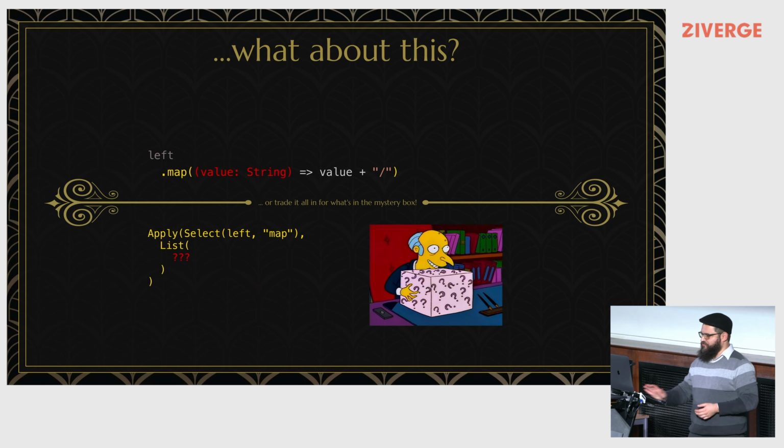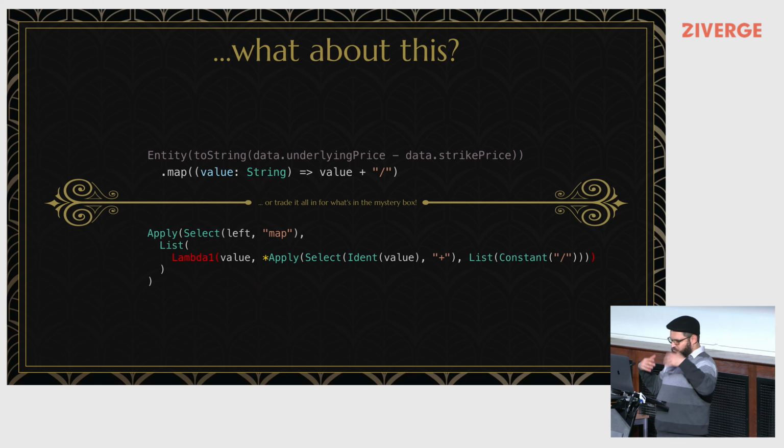Let's look at that whole thing. Well, we know the first part. We know the map part, right? Because the dot map is just a select dot map from the previous thing, which is that entire left-hand side, and we're applying some arguments to it. Okay, so what's inside of that? Well, it's just this lambda 1 thing, right?